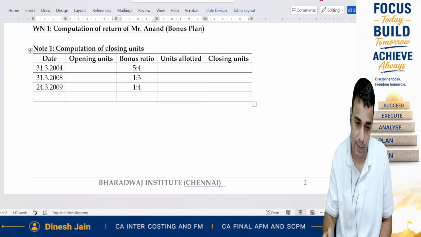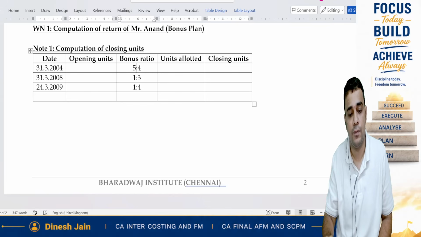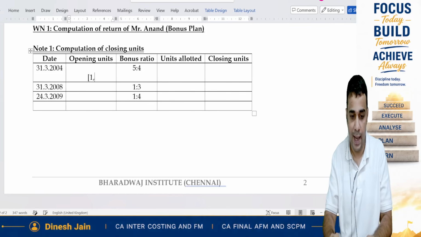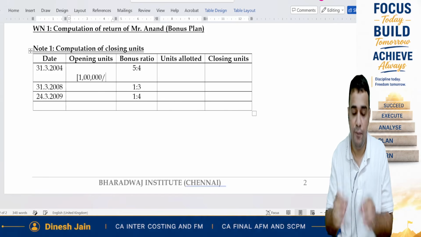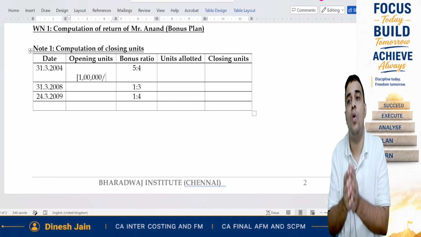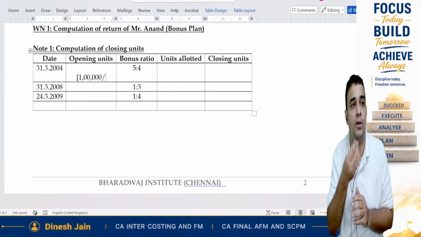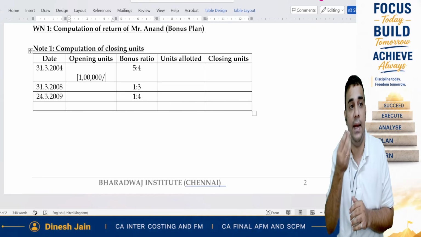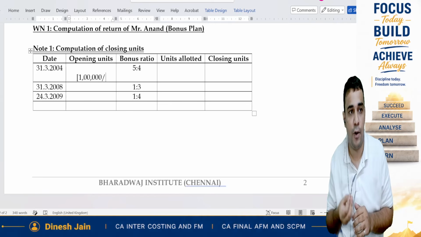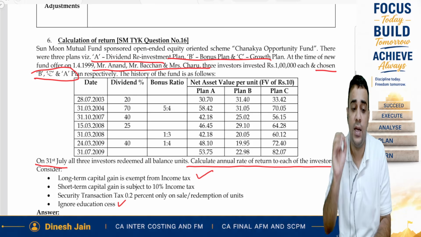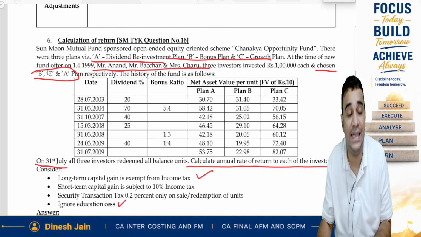Three bonuses are there. How much money did we invest? 1 lakh. When I invest 1 lakh at the opening NAV, they'll give me units. Whatever is invested, they divide by the NAV and give me the number of units. Have they given the NAV on 1/4/1999?